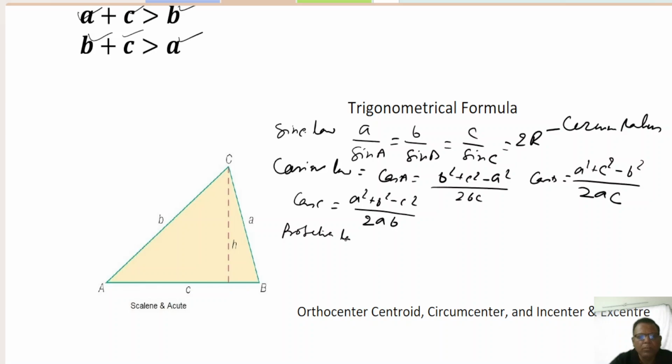Now the projection law. Suppose this side will be the addition of this side and this side.